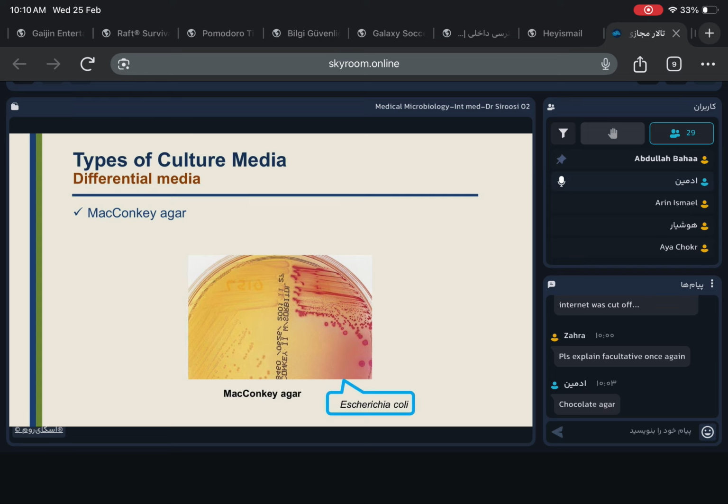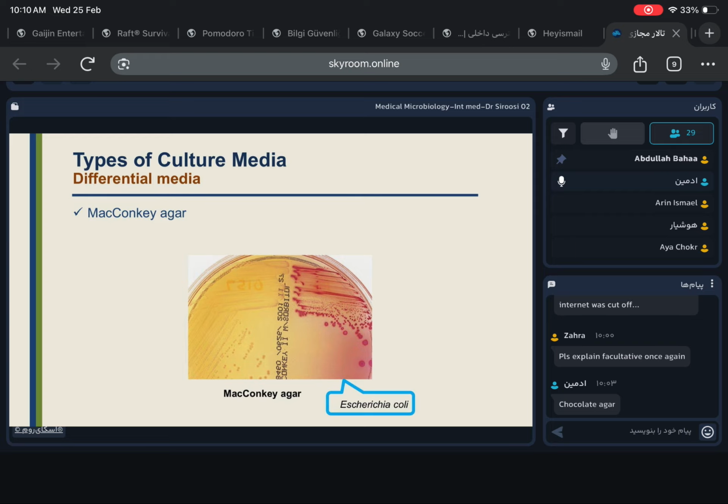So we talked about this, that we can classify bacteria based on whether they are able to use a specific type of sugar or other nutrients or not. And this is a very good example of that case. So here you can distinguish between bacteria based on whether they are able to use lactose in their metabolism or not.